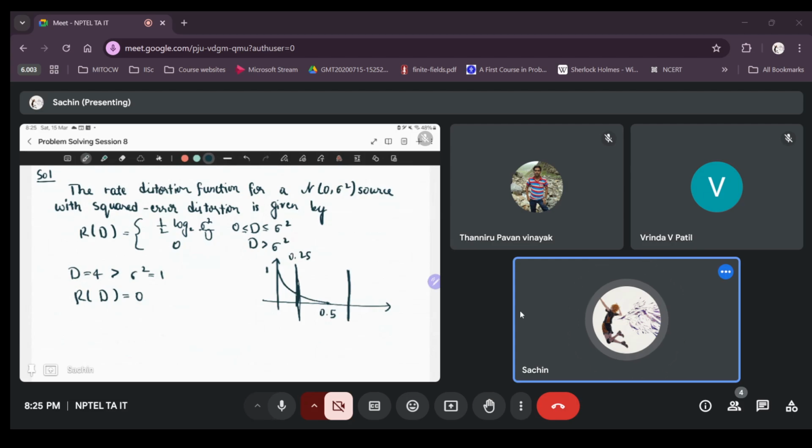Then if you decrease the rate below this value, your distortion will increase. It will go beyond 0.25. So the minimum rate you can operate at will be somewhere here. Maximum rate will still be 1. If I ask for even smaller distortion value, the minimum rate will be higher. So you need larger rates to get smaller distortions.